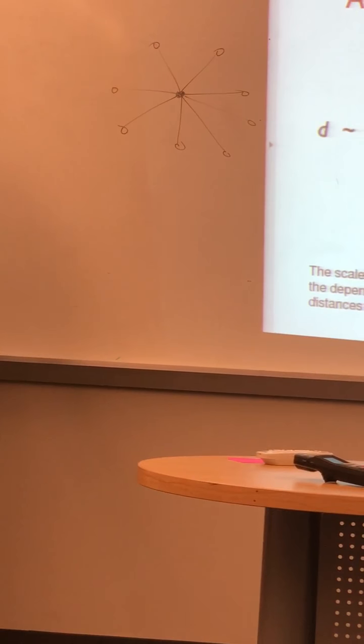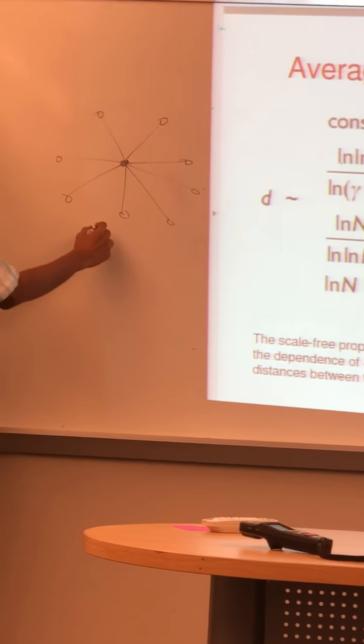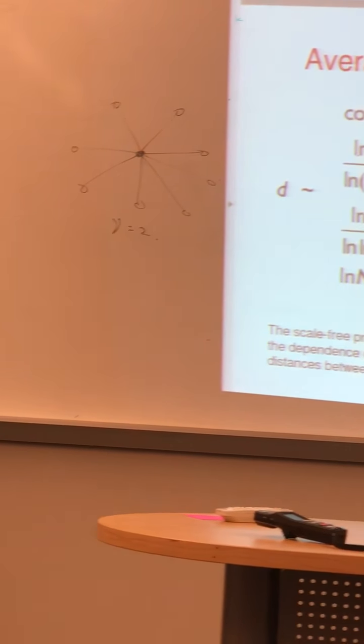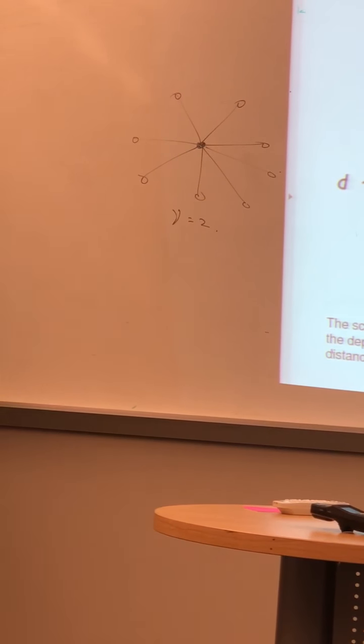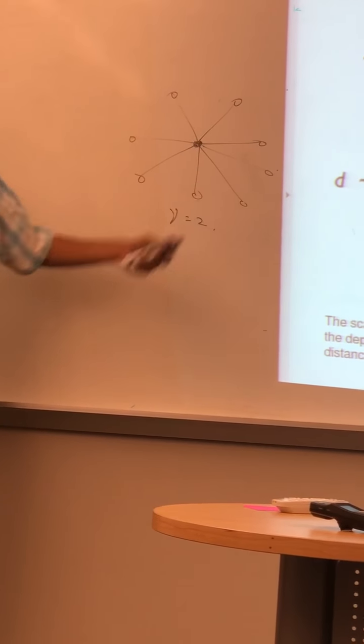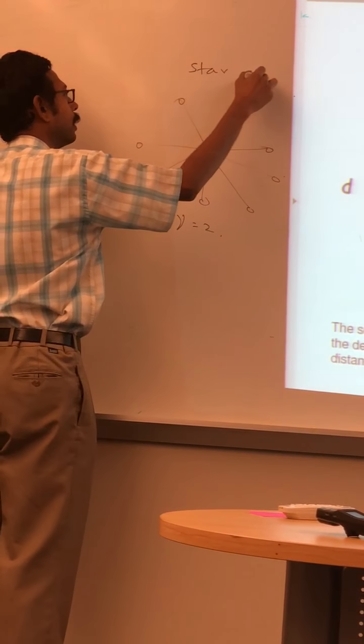So this is how a scale-free network will look if gamma is 2. This is also called a star network because it looks like a star.